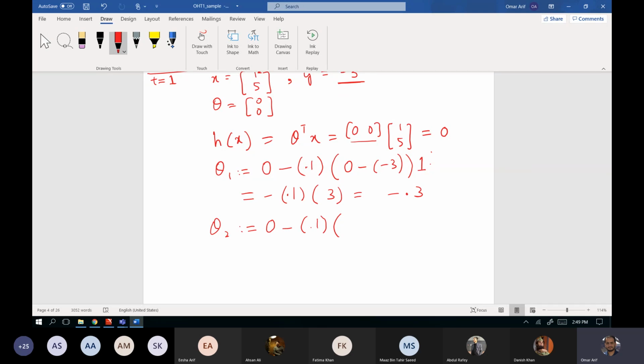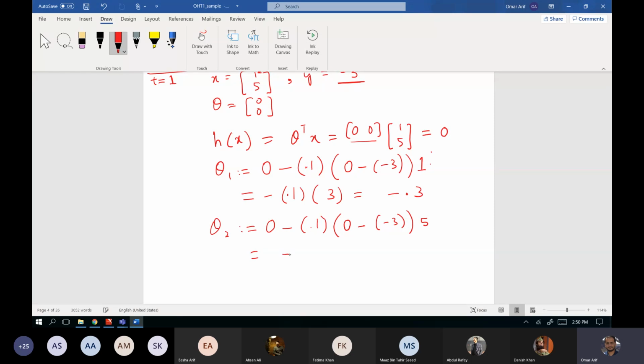And not even at T2, for now. T1 will end when we have gone through all the examples. So when we move to the next example, then we will use these updated theta values, but for the current one the same prediction will be used, which is 0 minus the ground truth, and multiply by the second feature, which is 5 here.